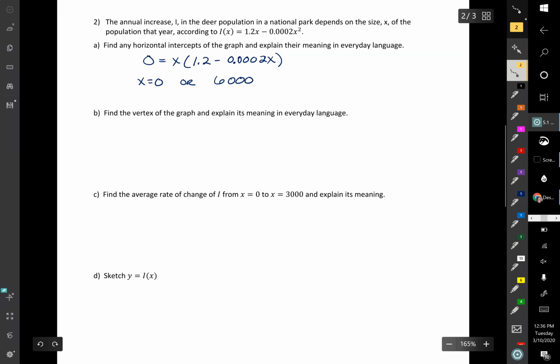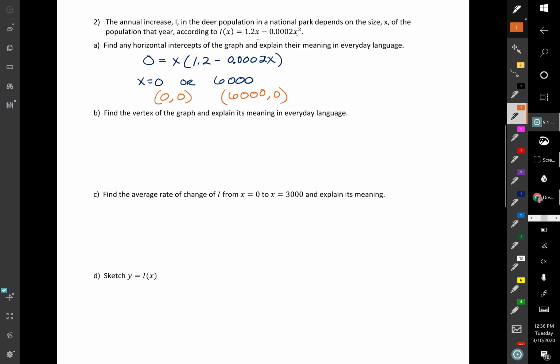So if I put 0 in, I'm going to get 0. And we know that anyway because it is an x-intercept. And if I put 6,000 in, I'm also going to get 0. So I can just double check my work that way. Okay.